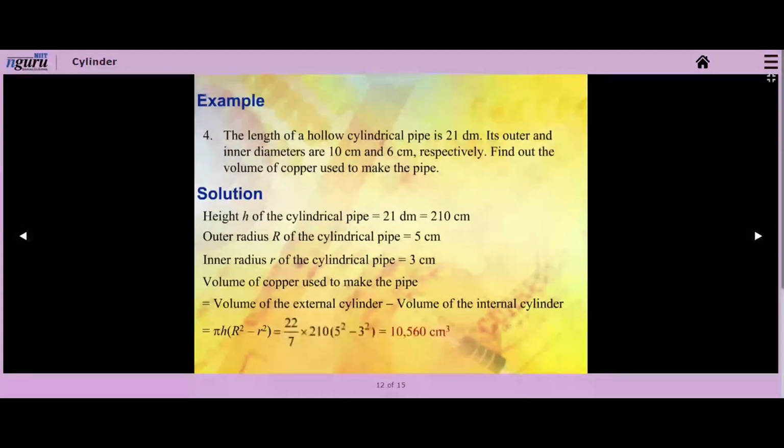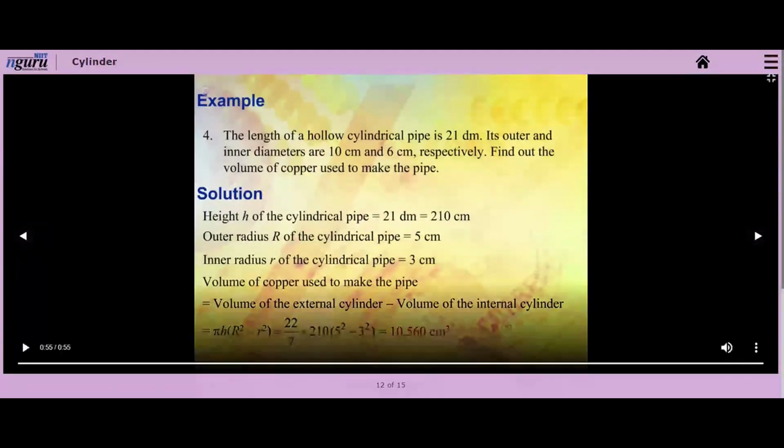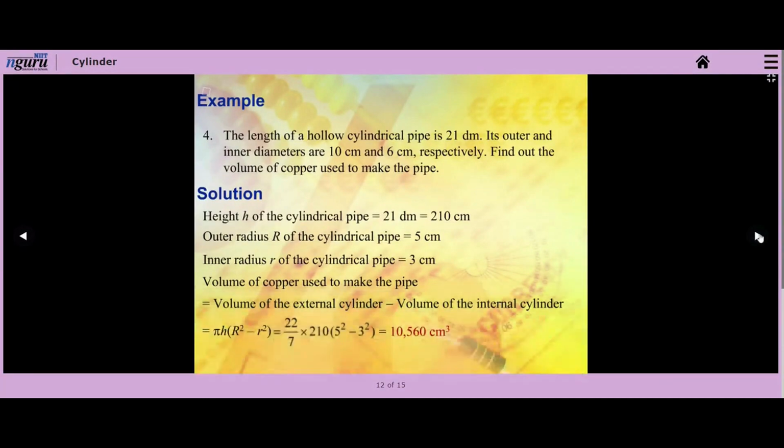On substituting the values of pi, h and r, we get the volume of copper equal to 10,560 cubic centimeters. So you can just use pi h into R squared minus r squared.